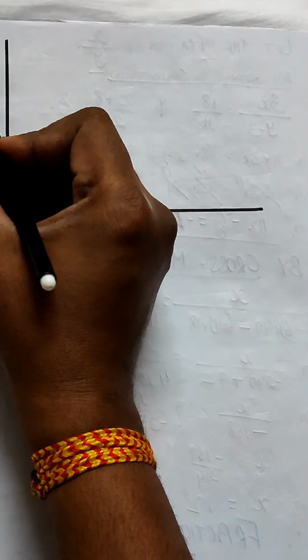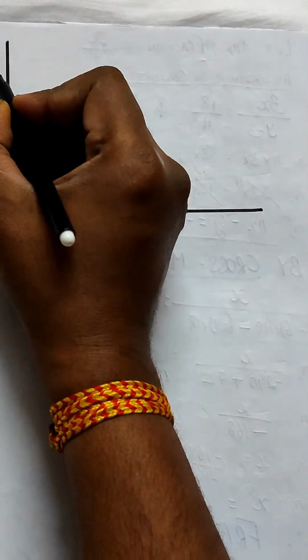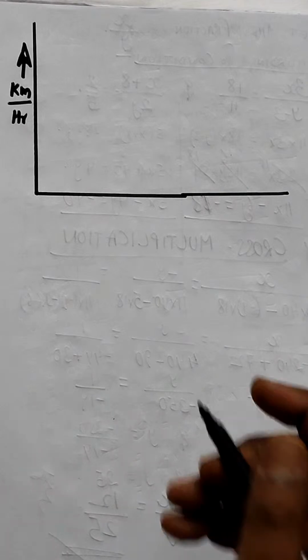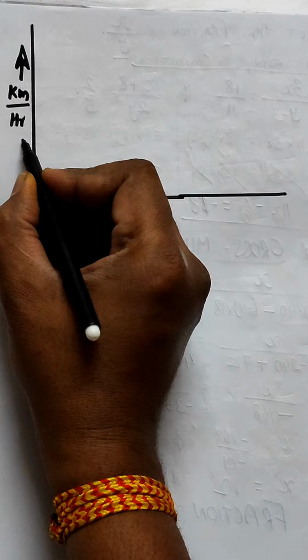Okay, into the graph, on the y-axis we have speed in kilometer per hour. Here we have the speed in kilometer per hour, right?